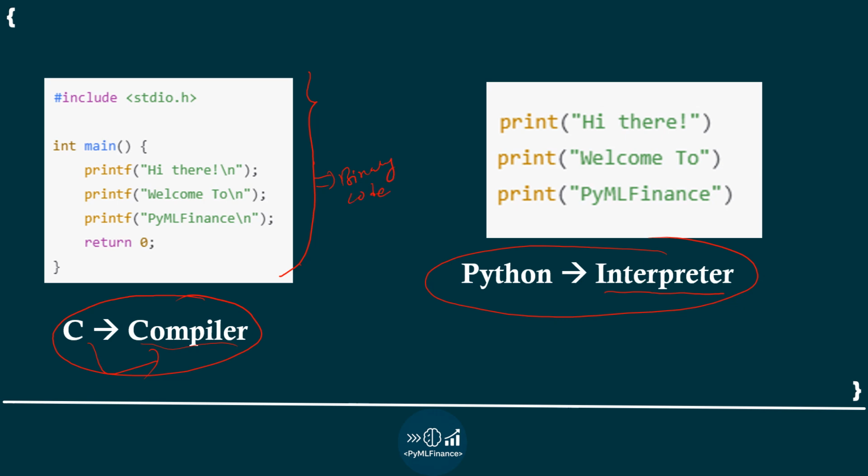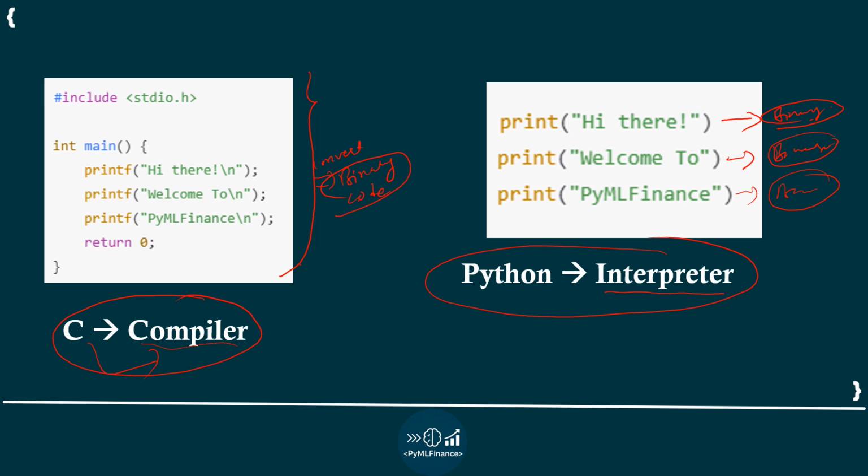Whereas Python will read line by line. It will read the first line, convert it into binary, and then the machine will execute it. Then it will come to the second line, read it, convert it into binary, and the machine will execute it. Then the third line, the same way. This is how the compiler and interpreter work.